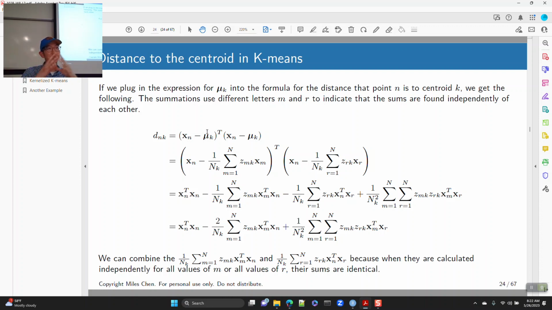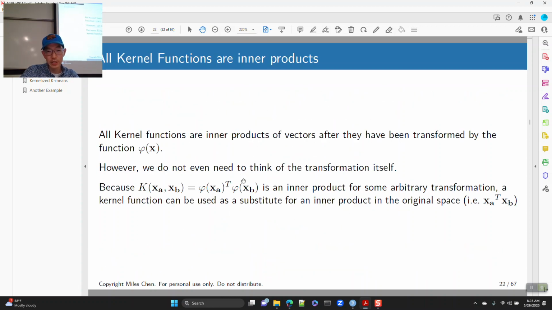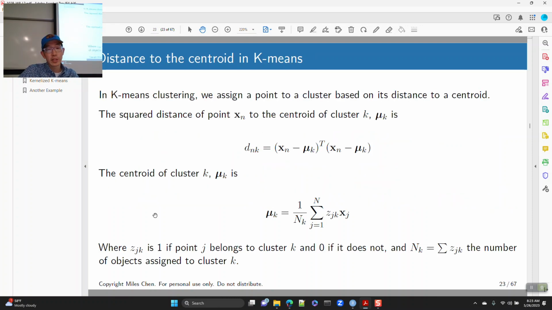The centroid has a coordinate of infinite length, but instead we can use these inner products. Anytime we see an inner product here, so I'm going to go back a couple slides, anytime we see some product x_a transpose x_b, we can replace it with the kernel function of x_a, x_b. And so that's what I'm going to do.